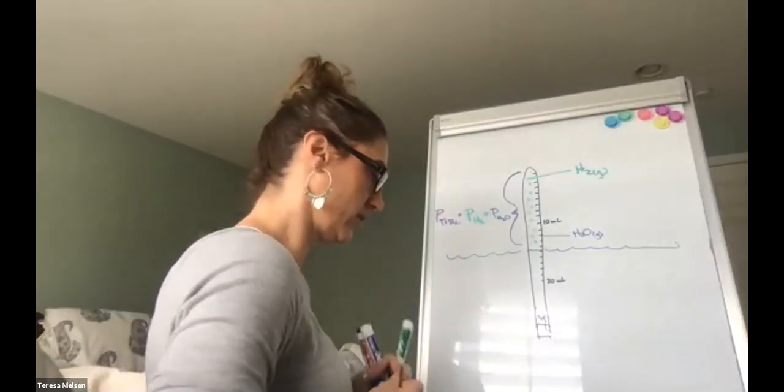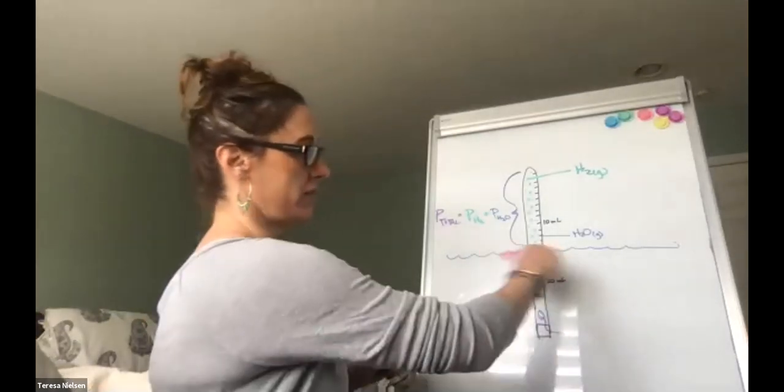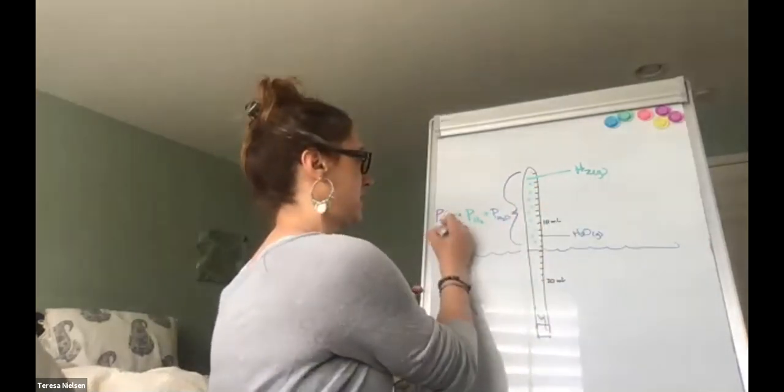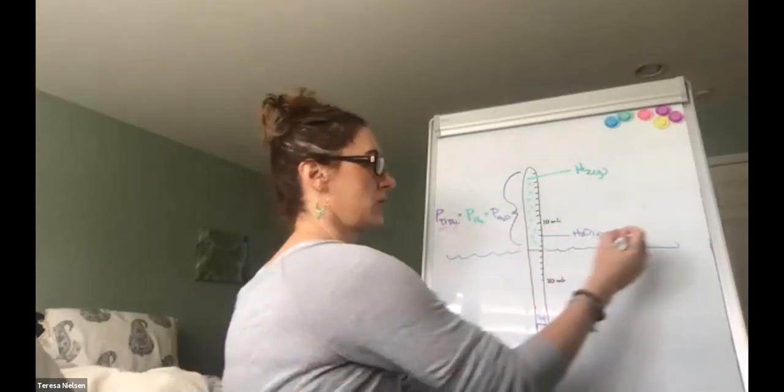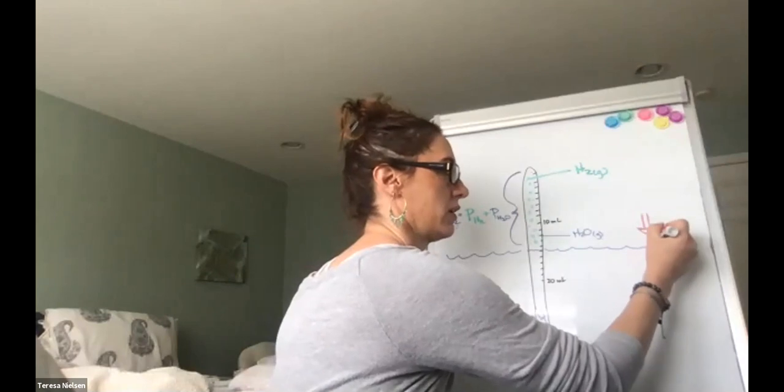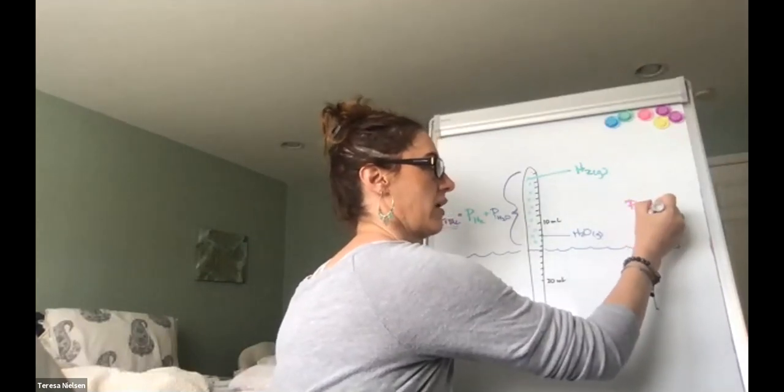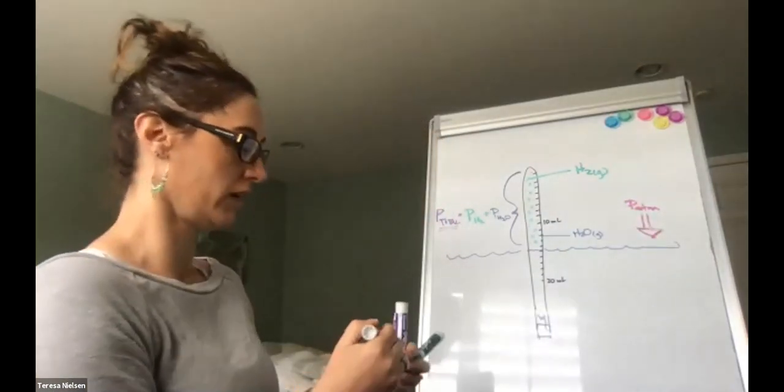And we will line it up so that the water levels are equal inside and out, and then we can say that this total pressure is equal to atmospheric pressure that's pushing on the outside, okay.